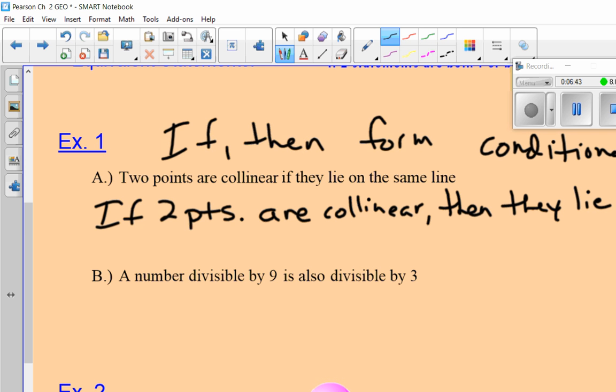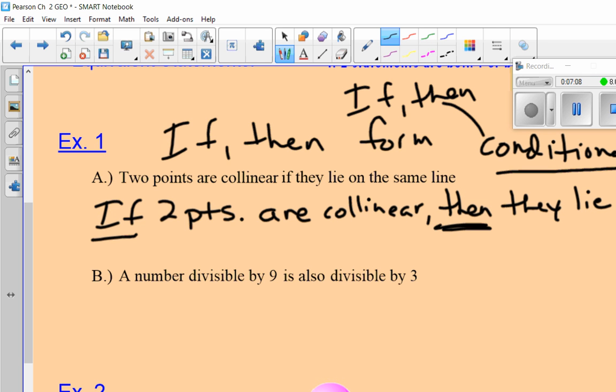I think that's pretty easy. I hope it makes sense. I took a generalized statement and put it into if-then form, which is a conditional statement. So we need to make sure that if and then in our heads means conditional statement, all right?